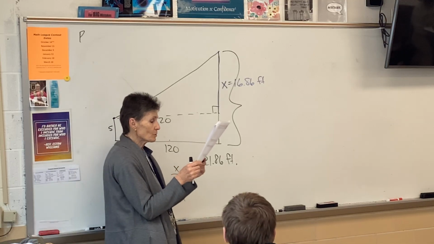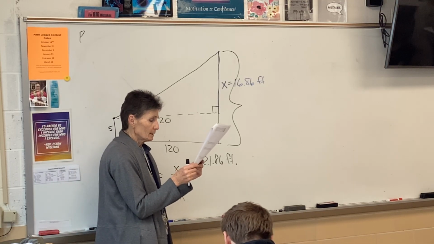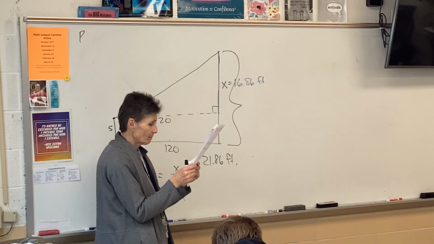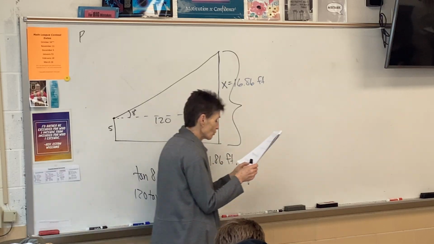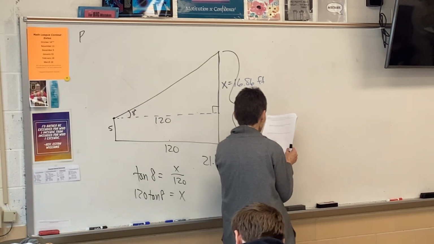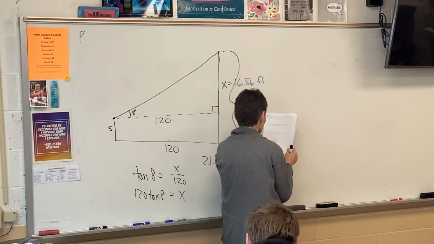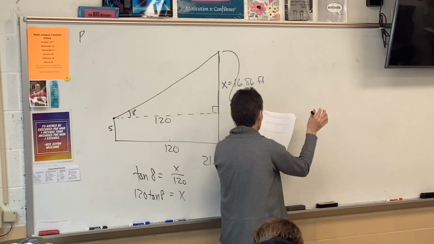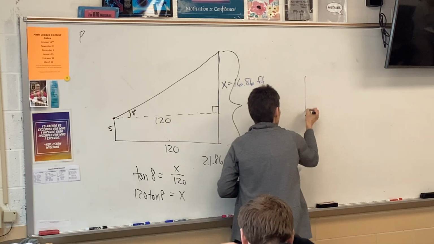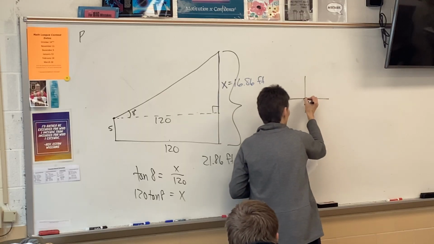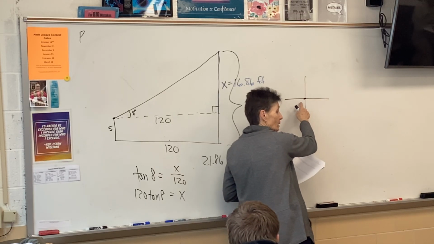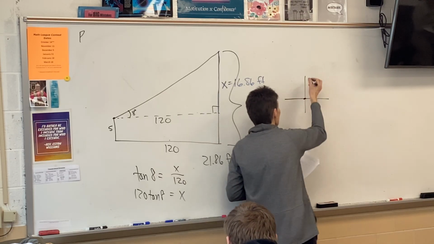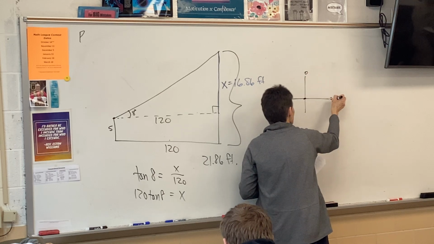A U.S. Coast Guard patrol boat leaves Port Cleveland and averages 35 nautical miles per hour, traveling for 2 hours on a course of 53. Okay, wait, this is getting complicated. So here's my compass. Here's Port Cleveland right here. That's my starting point. On a compass, remember these are your labels.